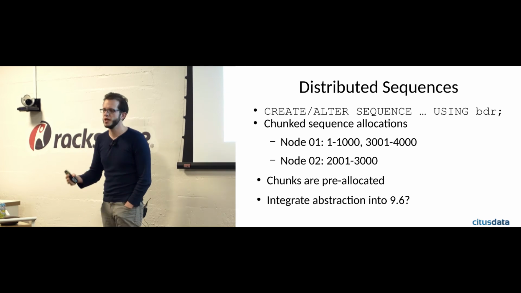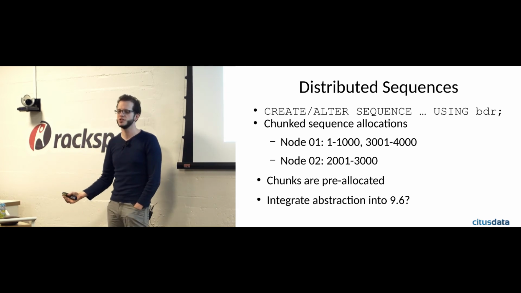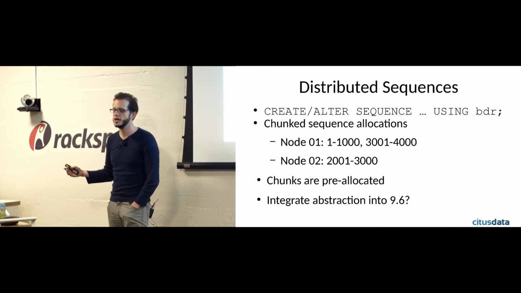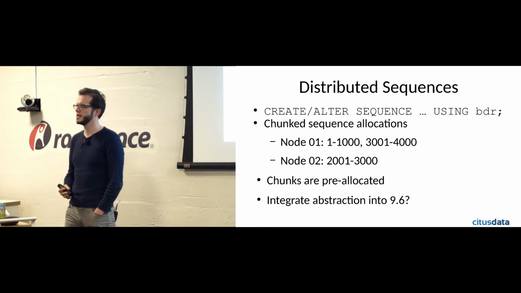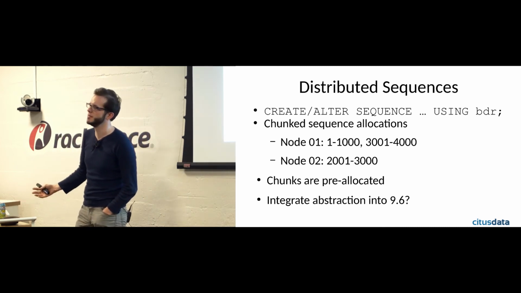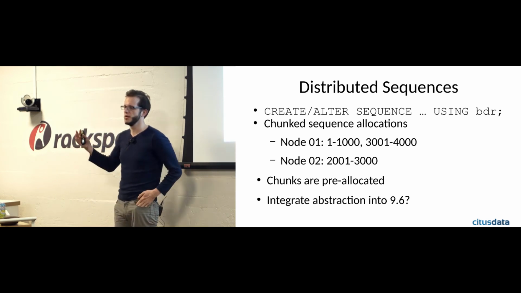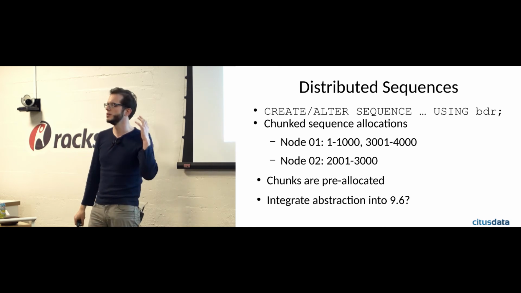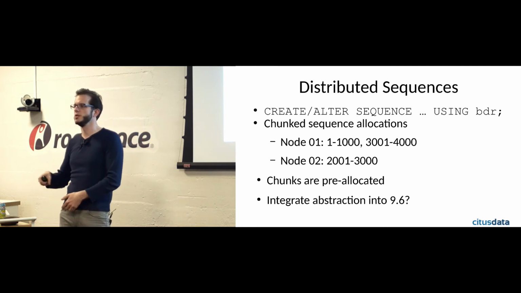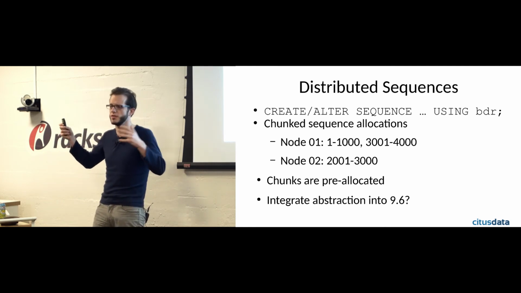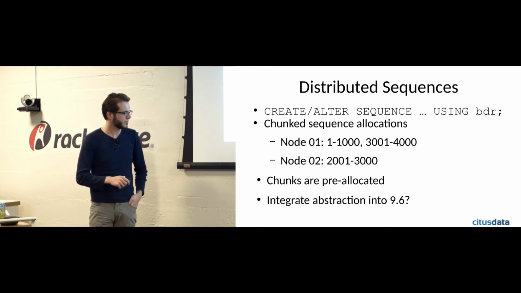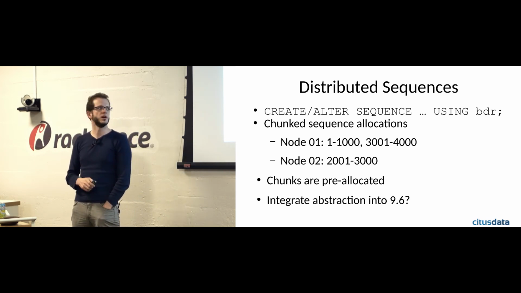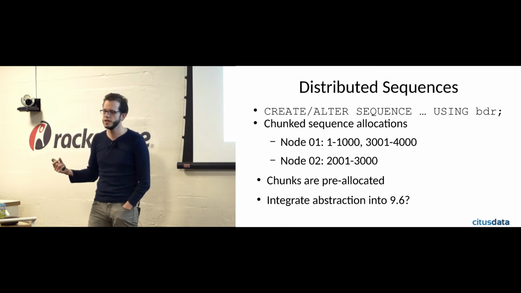Because it would be very inefficient to reach out to other nodes to ensure that you're unique for every single new value, we do that in blocks. These blocks are at the moment 1,000 big. One node will get 1 to 1,000, another node will get 2,000 to 3,000, and so on. That's done by a majority vote, so you can't have conflicts.